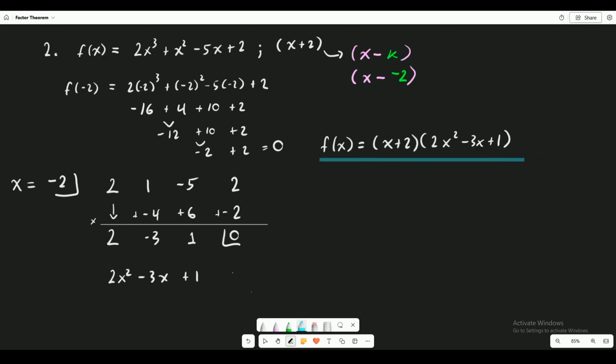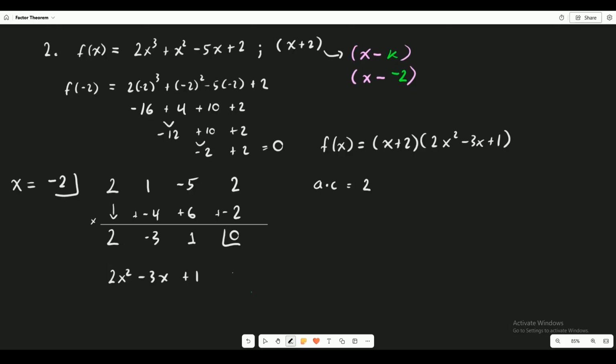So now I'm going to factor the second degree polynomial, and to do that, I'm going to again use the AC method. A times C is equal to 2.